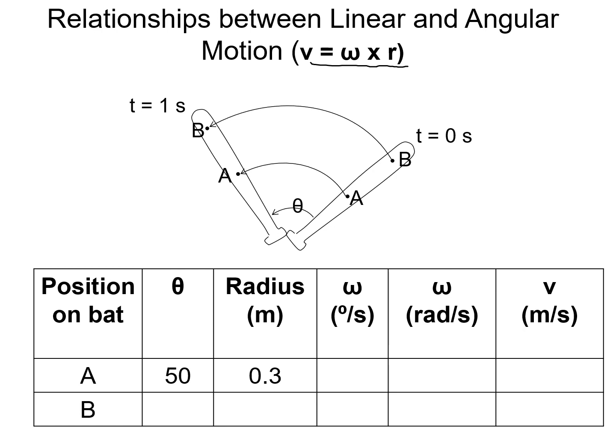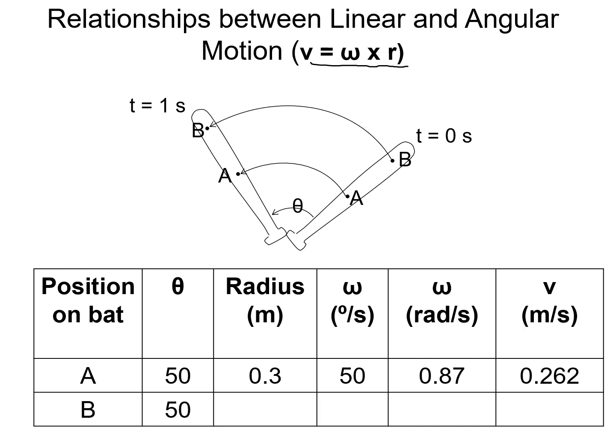So its angular velocity is going to be either 50 degrees per second, or if we convert it to radians, remember that there are 57.3 degrees per 1 radian, it would give us 0.87 radians per second. If we then multiply that by 0.3 meters, if it hit a ball, that ball would travel at 0.262 meters per second.